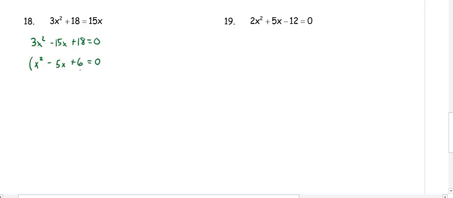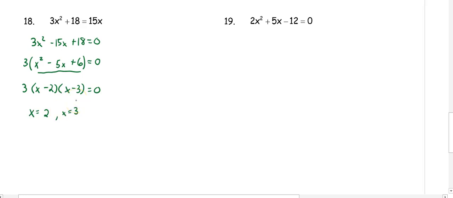And we have a 3 out front. You can either divide by 3 or you can leave the 3 out front as your GCF. We're going to factor this part then. So we need two numbers that multiply to positive 6 and add to negative 5. So we have x minus 2 and x minus 3 equals 0. Now, the 3 out front doesn't have an x, so we're just going to ignore that part when we're solving for x, and we just get x is 2 from the first parenthesis and x is 3 from the second parenthesis.